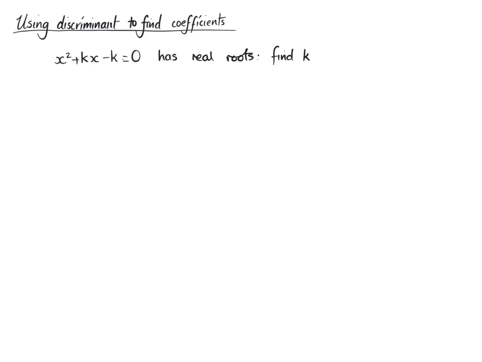So, again, for this, b squared minus 4ac for real roots, then it's got to be greater than or equal to 0. Because it could be equal to 0 to have real roots, but it's got to be greater than it. So this time we've got a is 1, b is k, and c is minus k.